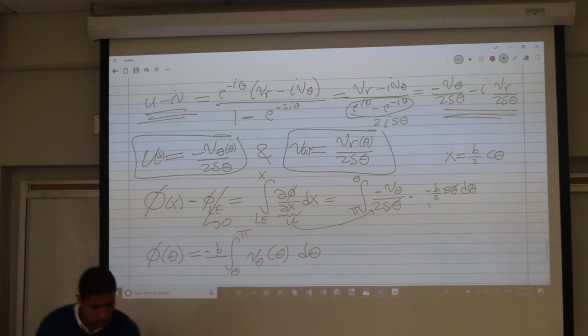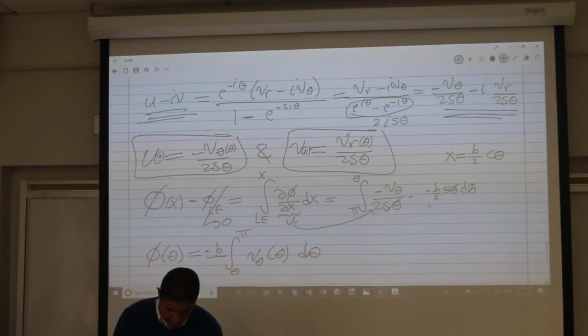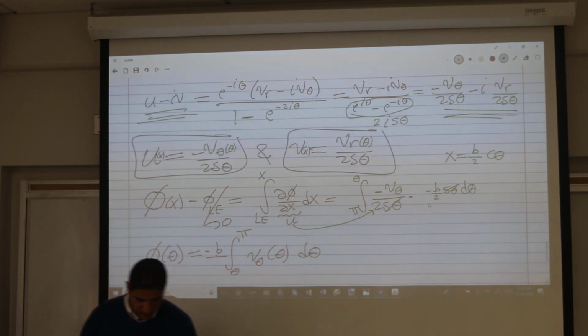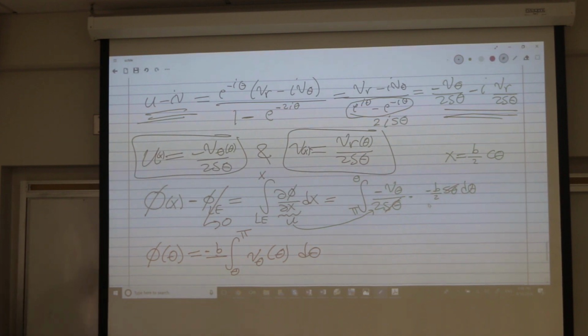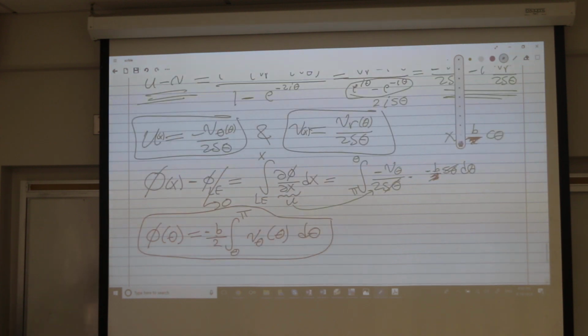Is it over 4? I doubt this 4 thing, but let's see. Okay, now it's b over 2. There is 2 somewhere. I guess this is b only. Yeah. So, and just to prevent confusion, this is the tangential velocity at any angle. I will call this angle phi. It's a dummy variable of integration, but just to prevent confusion.